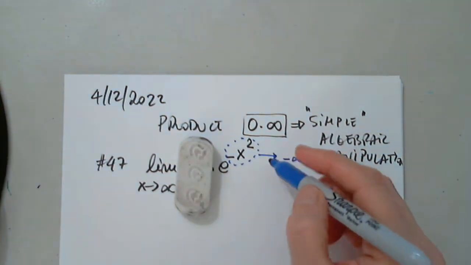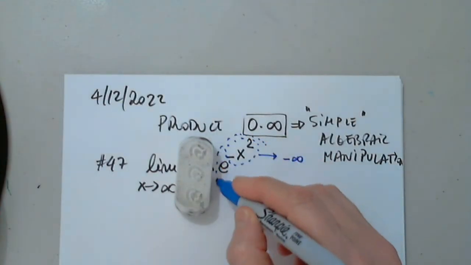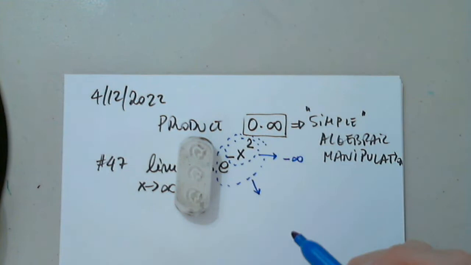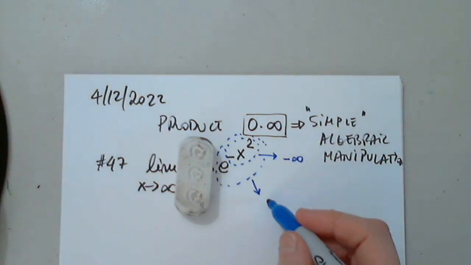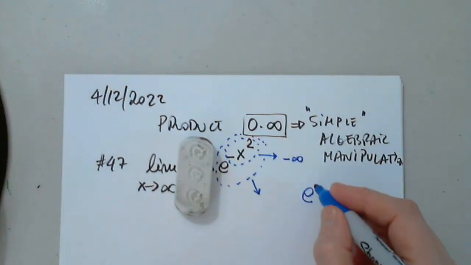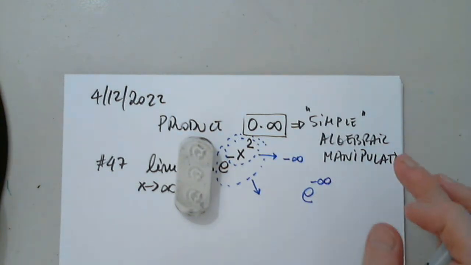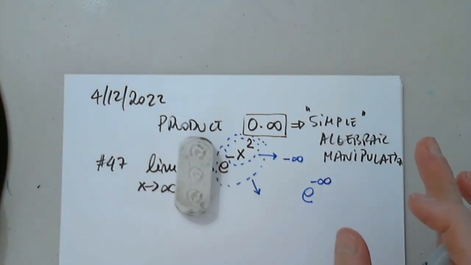And now I'm asking about this piece, e to negative infinity, where is that going? Careful, careful. If the power is negative, it doesn't mean that the answer is negative. Be careful, please.